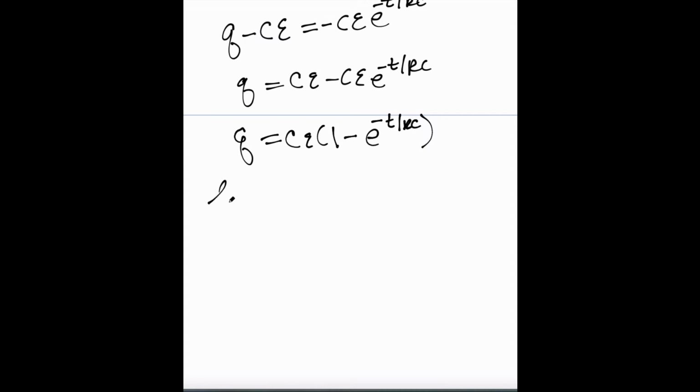And we can replace a couple of these expressions. So Q max is C times E, and tau is R times C, and this is called the time constant.